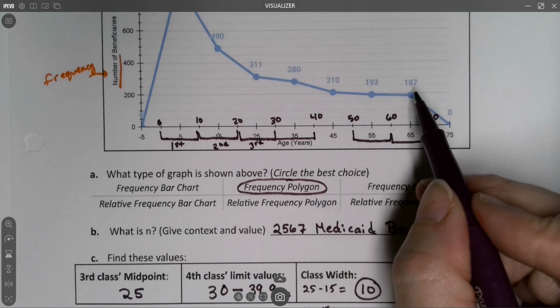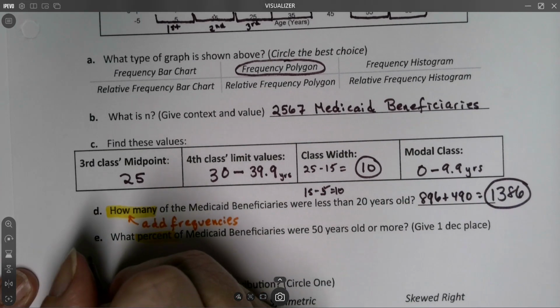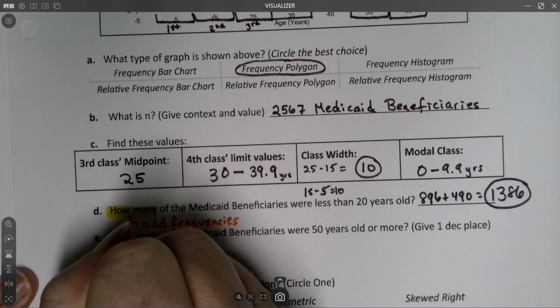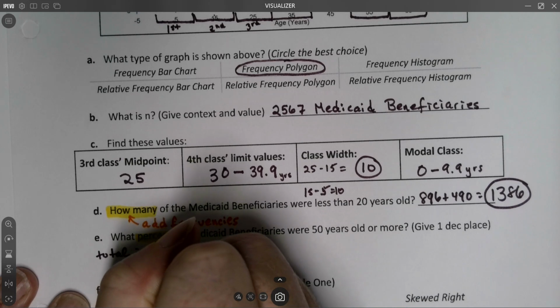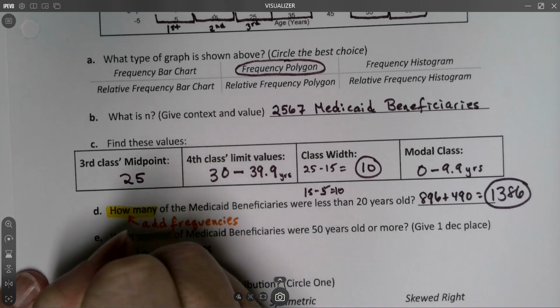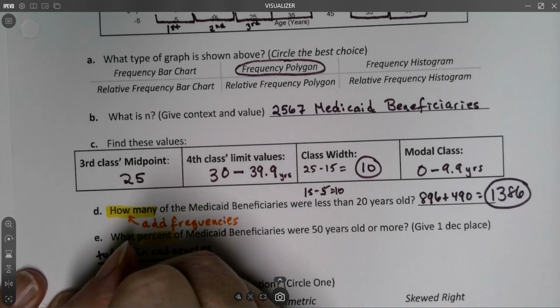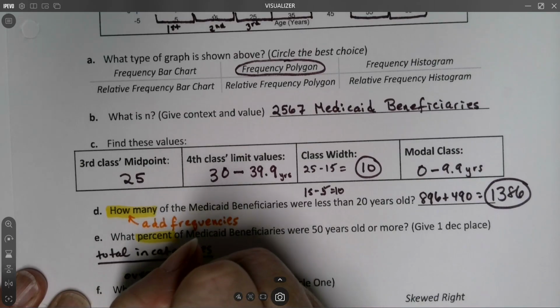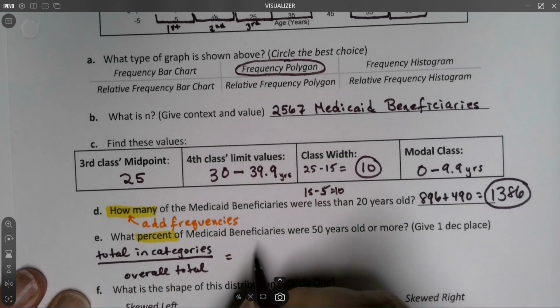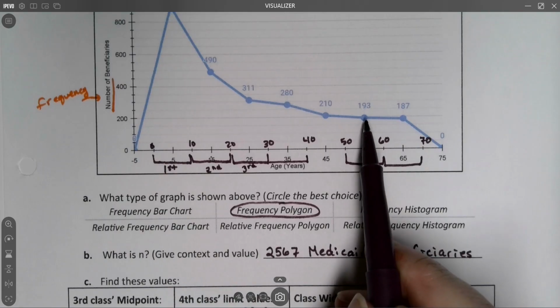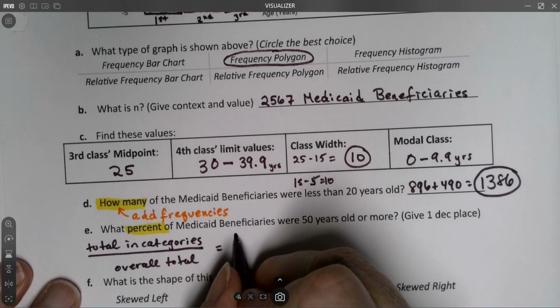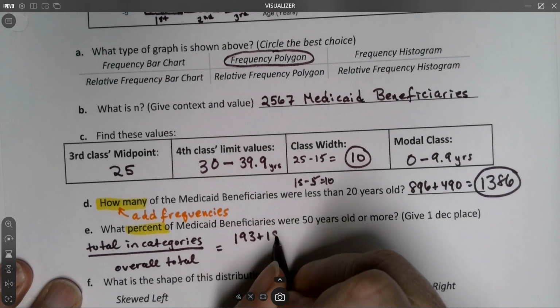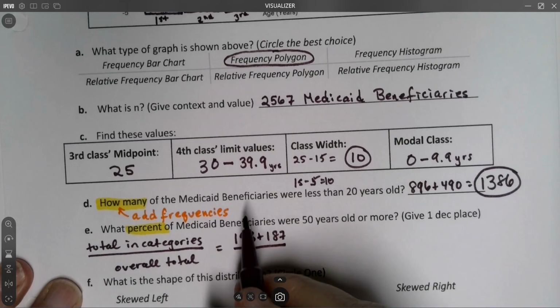So that's 193 plus 187. So we want to take the total in the categories and divide it by the overall total. Okay, so the total in those categories is 193 plus 187. And we divide it by the big total, which we already found.